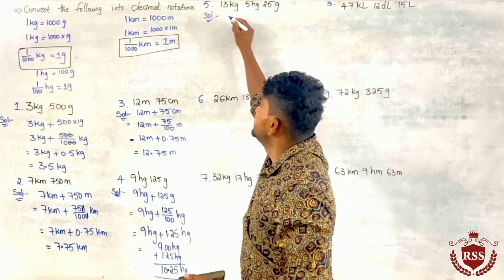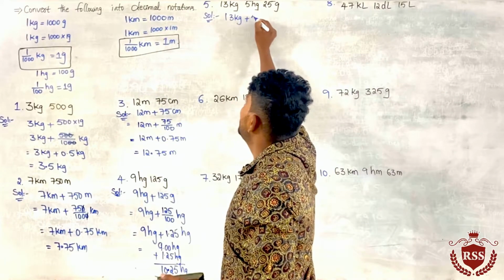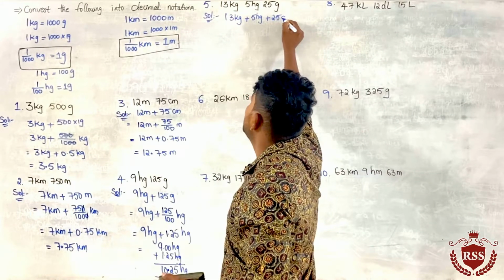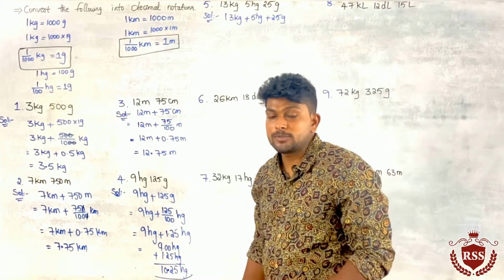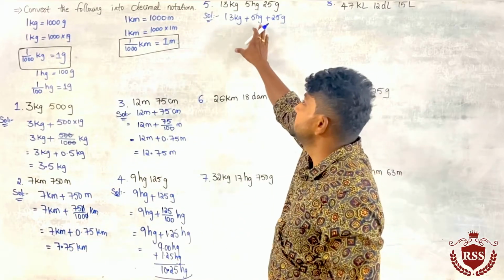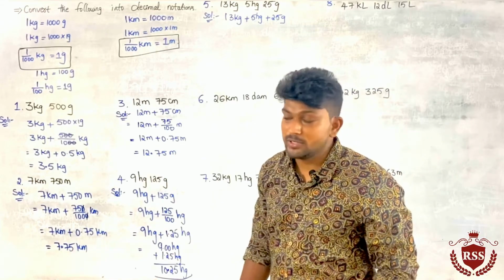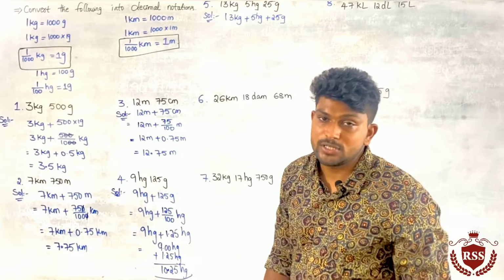Look at this question: 13 kg plus 5 hectograms plus 25 grams. Now what is the biggest unit in the given question? Kg, kilogram. The biggest unit is kilograms.